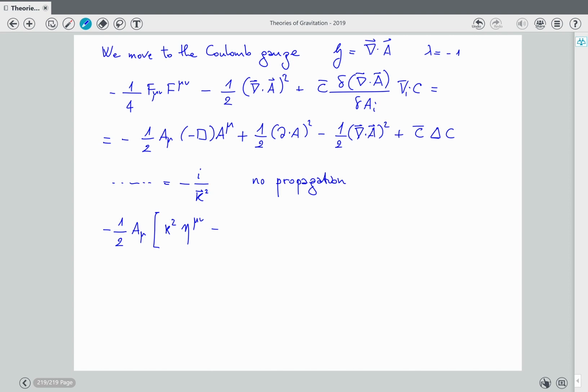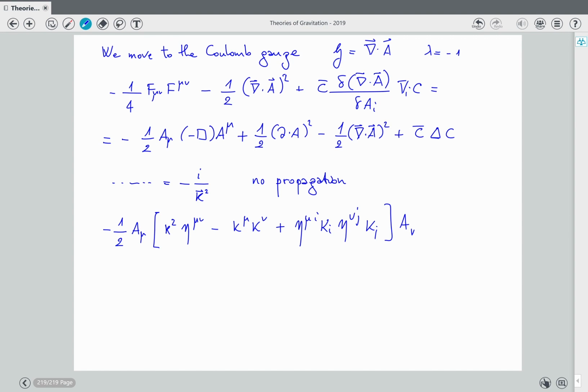Then you have plus minus k mu k nu plus nabla tells you that you have eta mu i k_i eta nu j k_j. You only have the space components. You can write it that way.